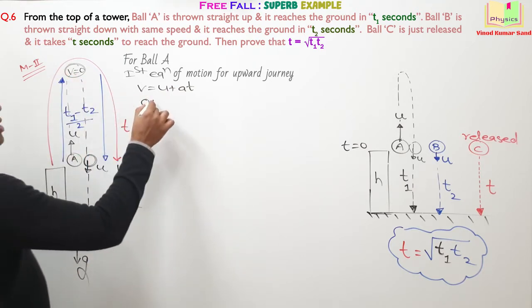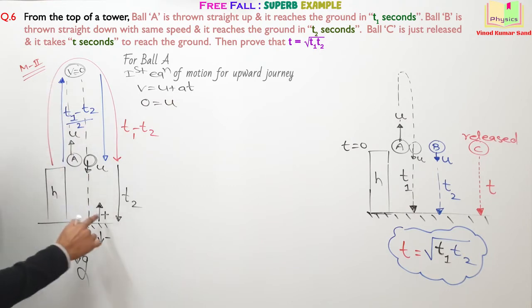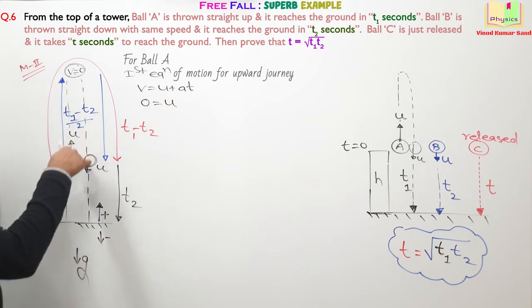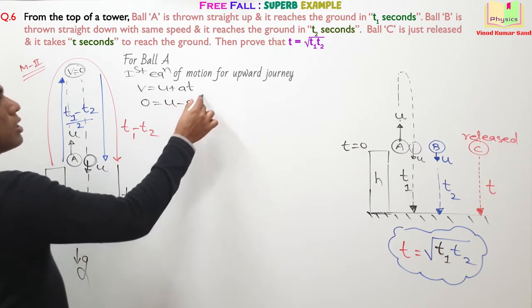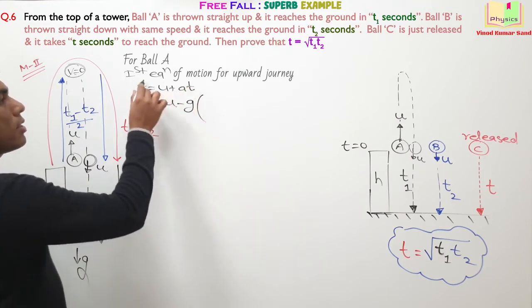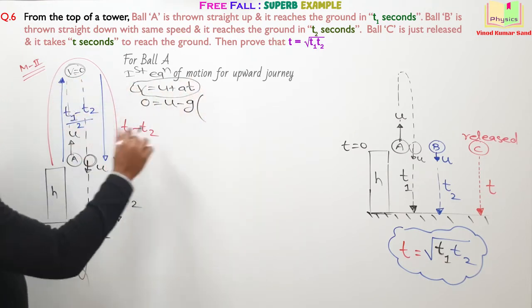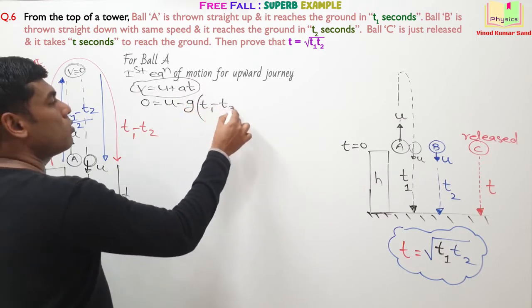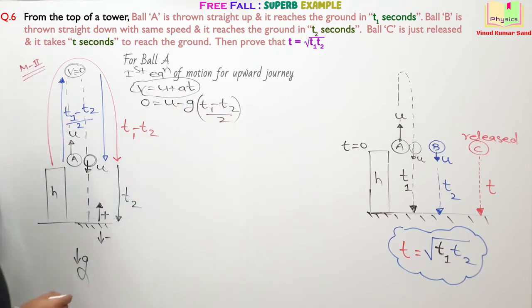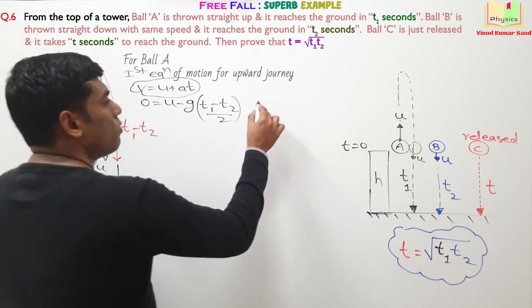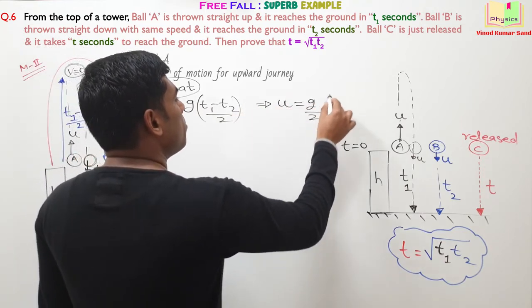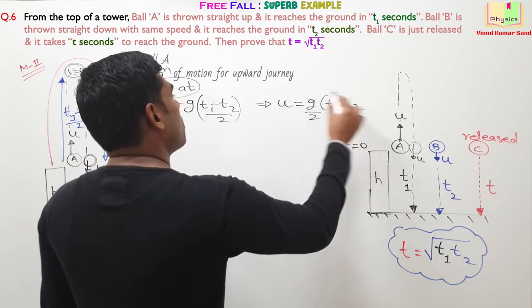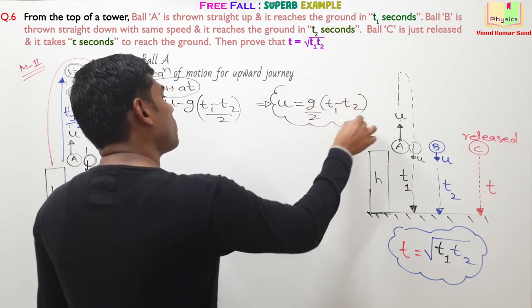Initial velocity is u in the upward direction, so positive sign. Acceleration due to gravity is in downward direction, so negative sign, minus g, and the time will be taken as t1 minus t2 by 2. This computation will provide us the value of u is equal to g by 2 into t1 minus t2. Do you agree?